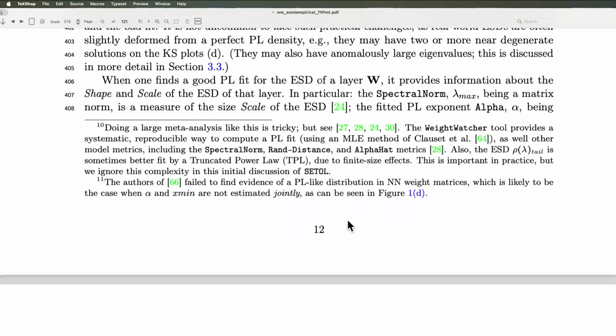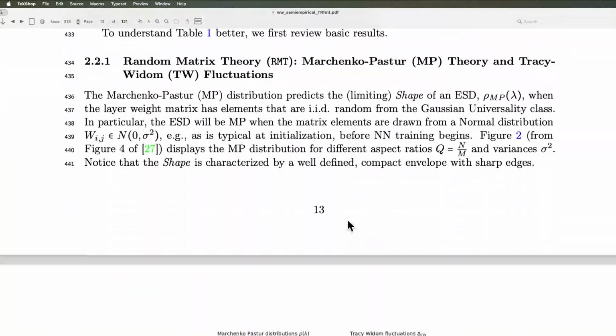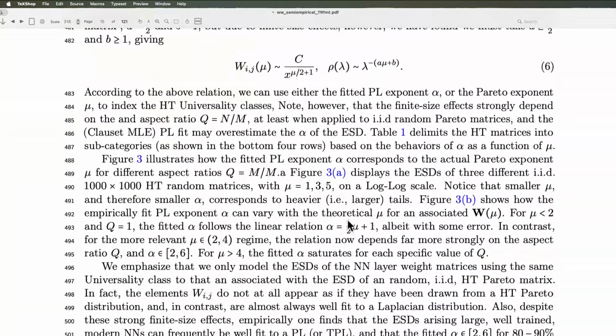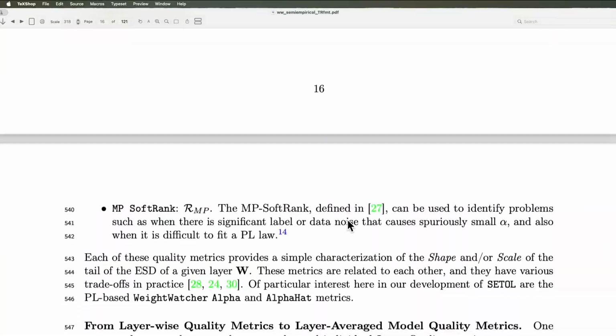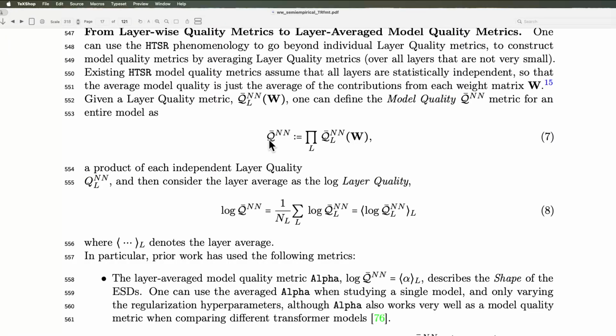Then, again, we didn't really go through the beginning of the paper, but somewhere in here, equation 7. There it is. I write down that the quality of the model is a product of the quality of the individual layers. And so the log quality becomes a sum of the log qualities of the individual layers.